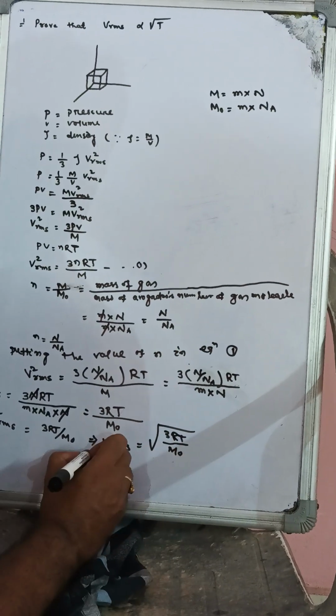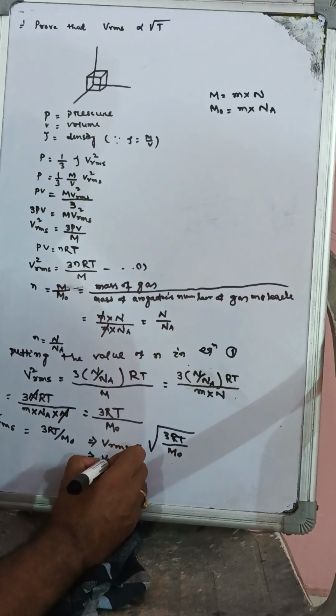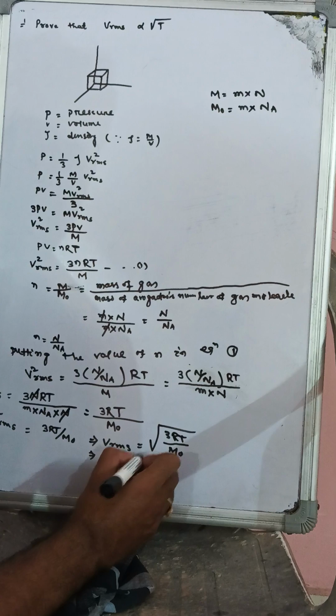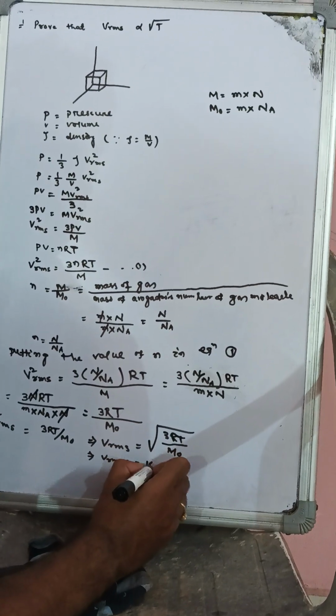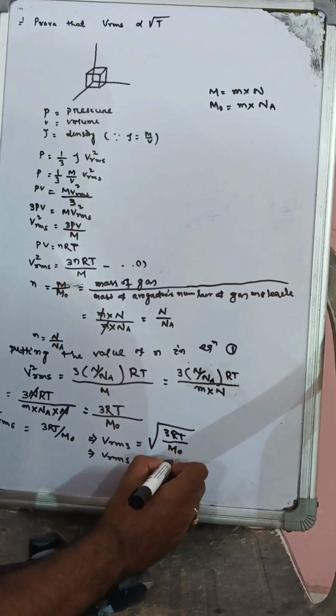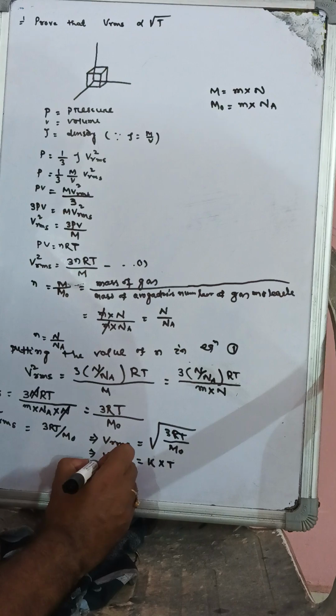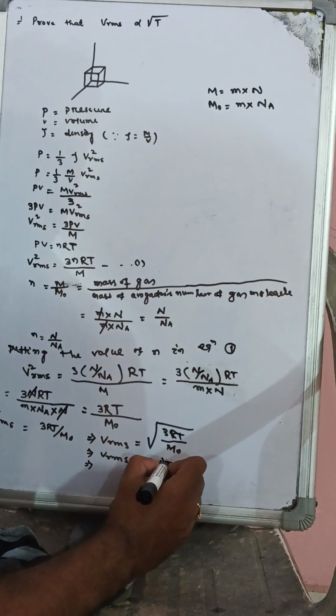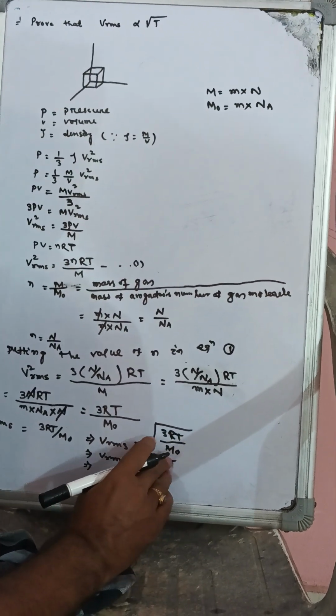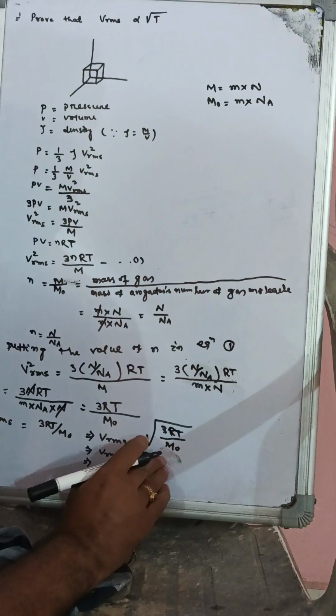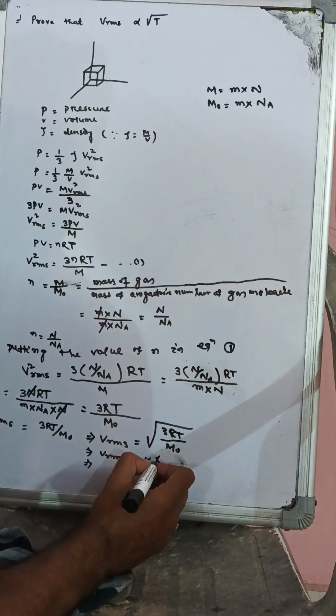Then this implies that Vrms is equal to k into square root of T, where k is the constant of proportionality.